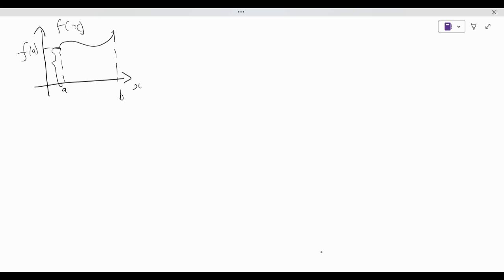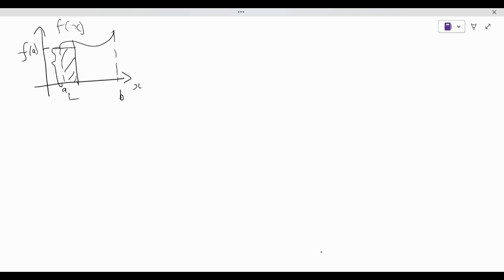See, this is the function of x. Here x is equal to A, so this height is f of A. Now I am going to create a rectangle like this. This is the area of my rectangle. So, what is the area of my rectangle?